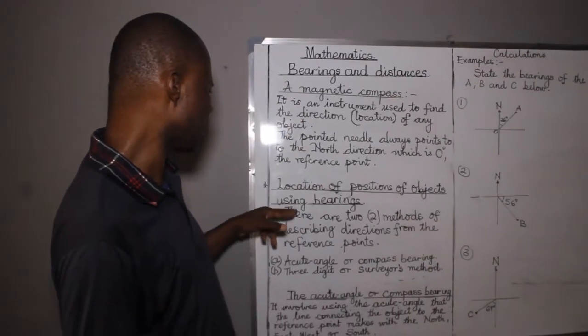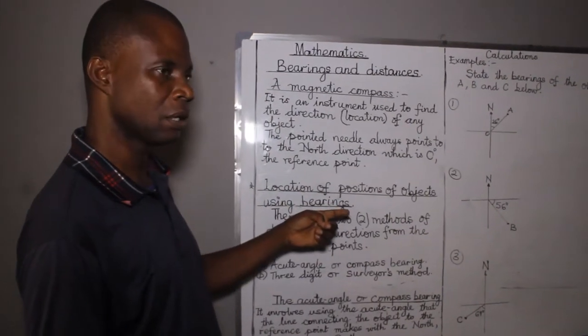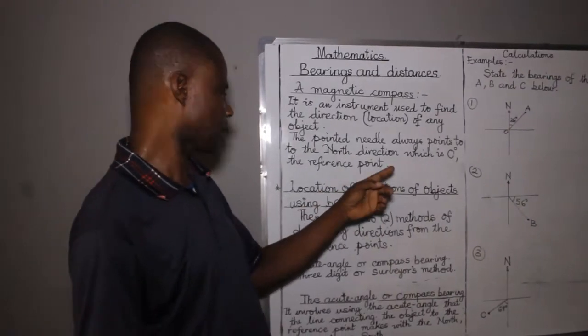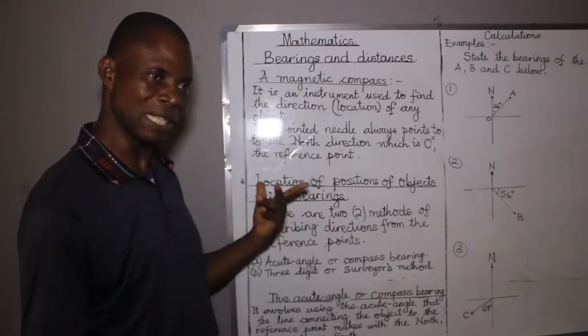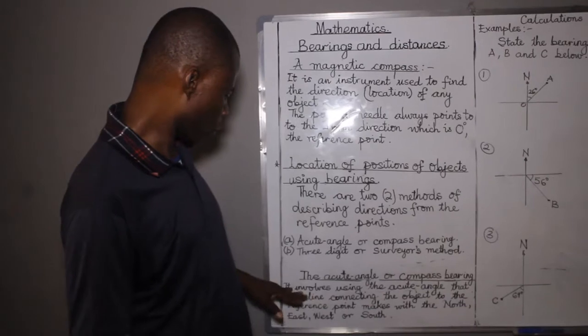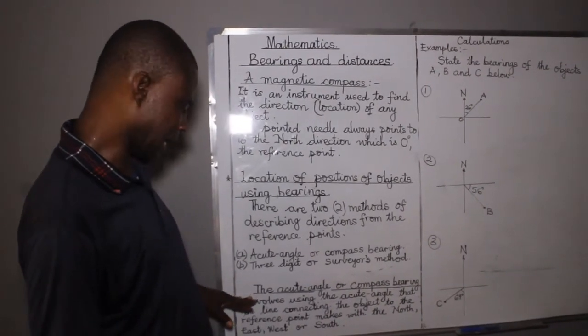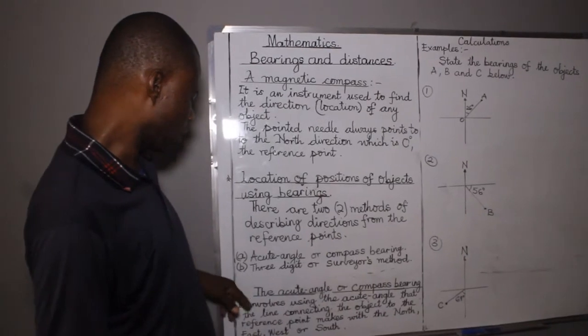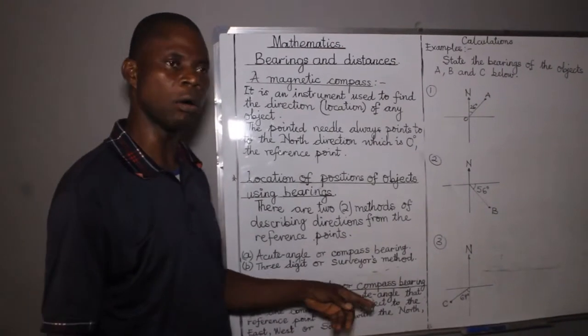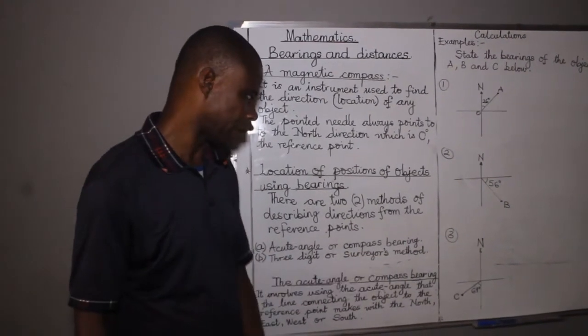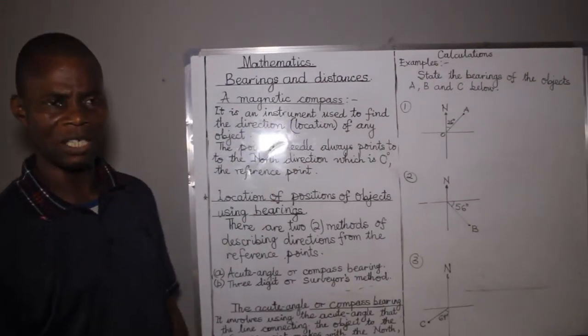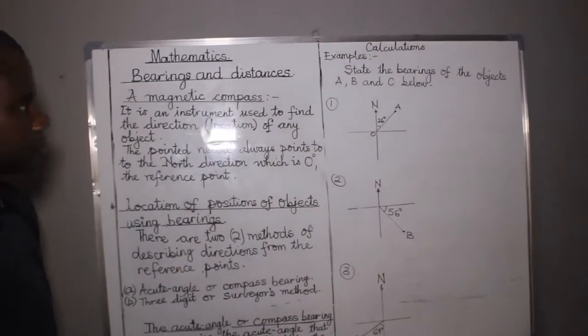And the major area has to do with the positions of objects using the bearings. Today we're going to discuss majorly the bearing on the acute angle of the compass bearing. Now let's take a look at the calculations and see some of the examples.